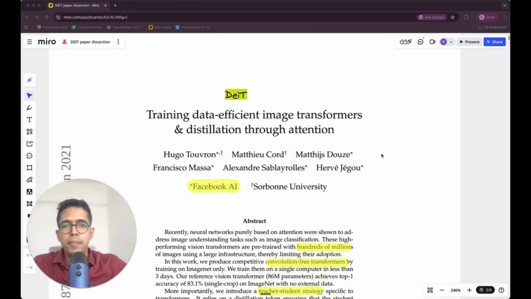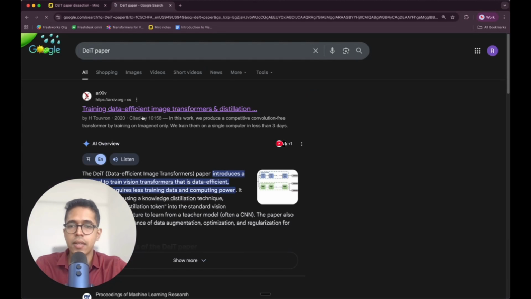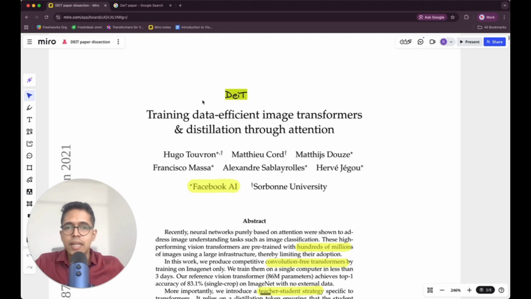This is the paper I got from arXiv. It came out from Facebook AI Research. If you search DeiT paper arXiv, you will see that this is the one. It has around 10,000 plus citations, which is pretty famous, but compared to Vision Transformer's 75,000 citations, it may not be as comparable.